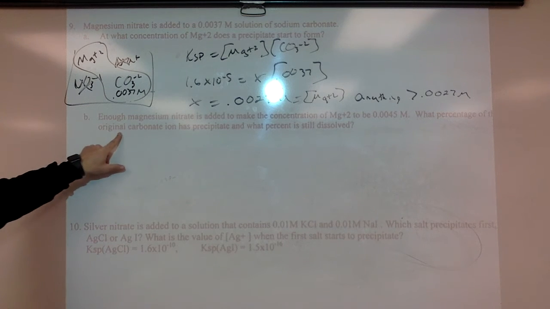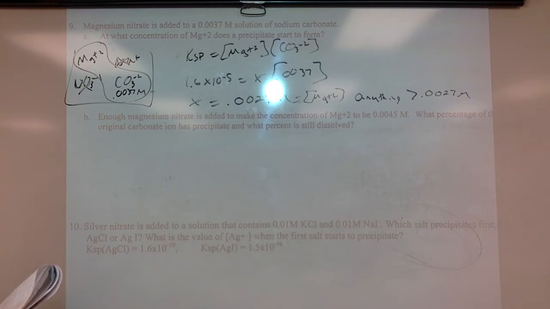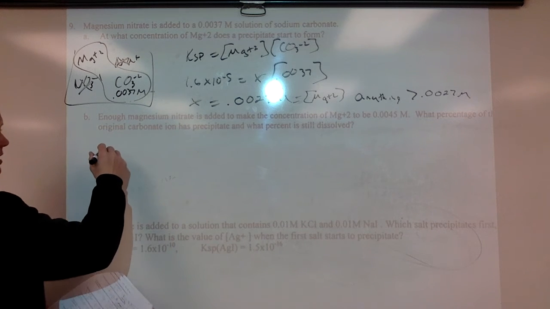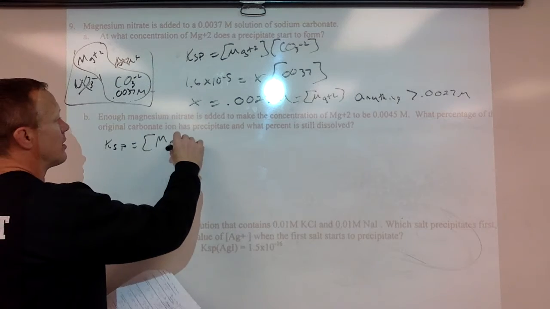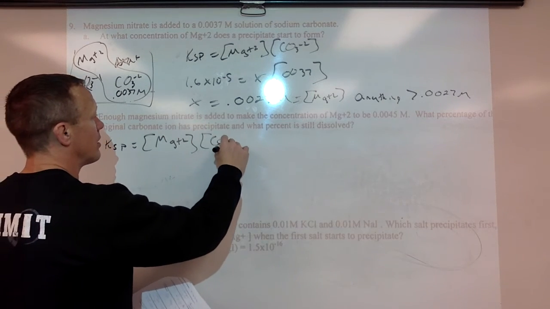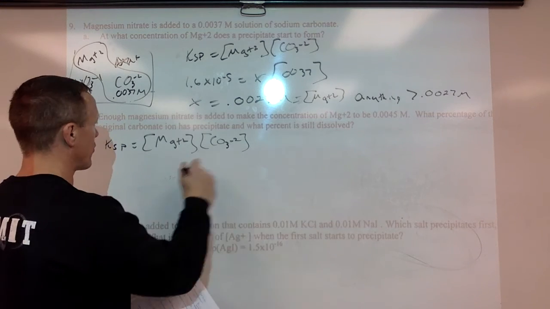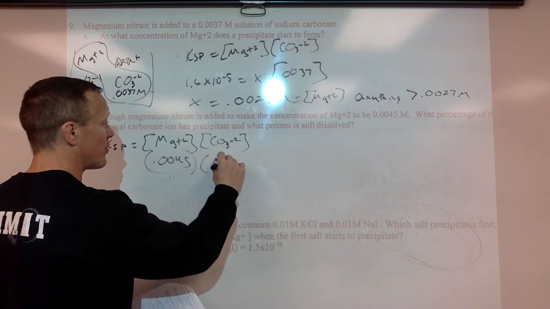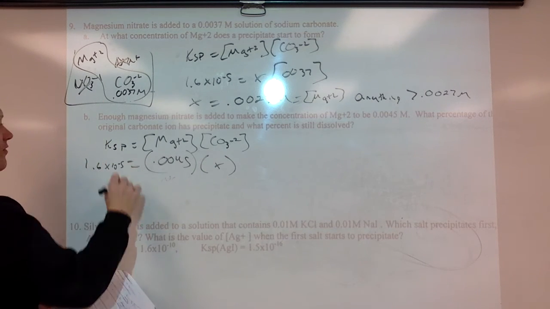What percentage of the original carbonate ion would precipitate out? What percent is still in? So let's figure out how much carbonate ion would stay in there. If magnesium is 0.0045 molar, let's figure out what the carbonate can be. It's equal to Ksp, 1.6 times 10 to the negative 5th.